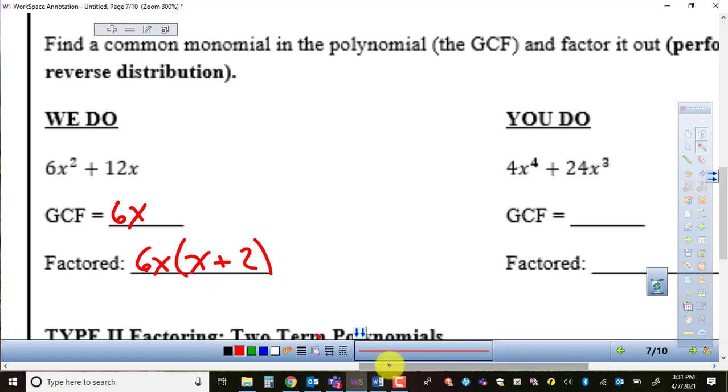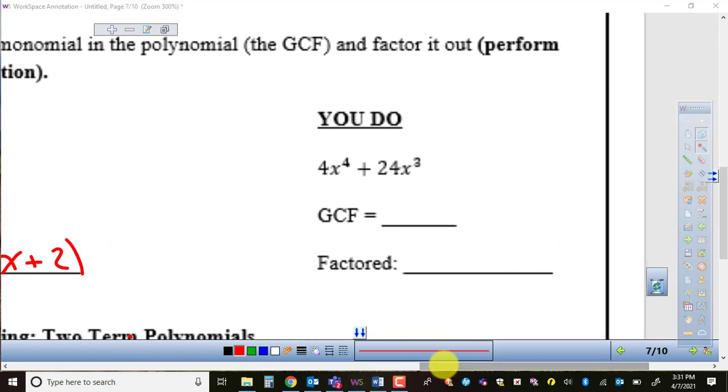So if we're going to try that here, what would the greatest common factor be? Well, the greatest common factor of 4 and 24 would be 4. And then if I take the smallest power, I'm going to have an x to the third. So I have 4x to the third. Now what did I multiply 4x to the third by to get 4x to the fourth?